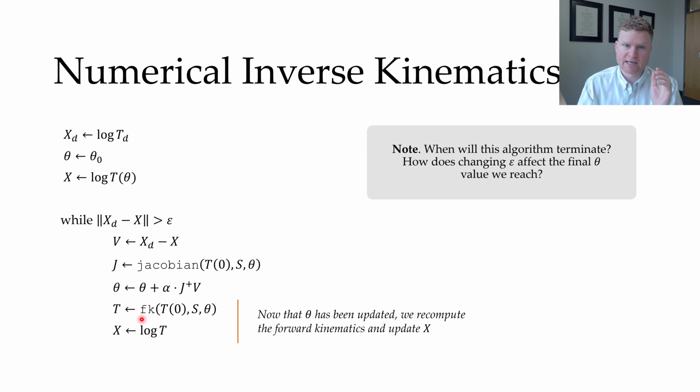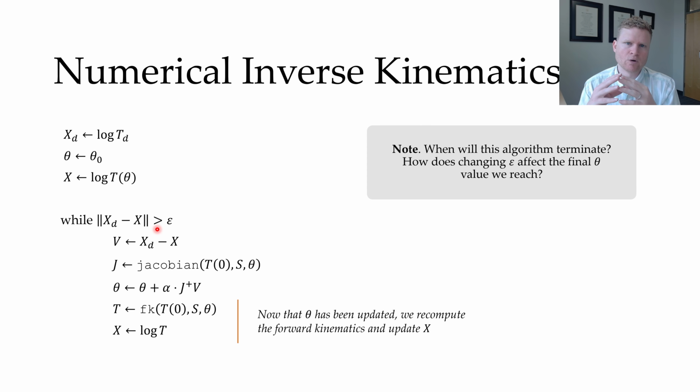I'm just abbreviating that as FK for forward kinematics. So I'll get my new transformation matrix T, and I want to check and see, is T close to T of D? The way I do that is by converting T back into this vectorized form X. So I'm going from my 4x4 transformation matrix back to this 6x1 vector X. And then I want to see if this new value of X is close to X of D. The algorithm will keep going through this process until this condition is satisfied, and that occurs when the error between these two is less than some value epsilon.